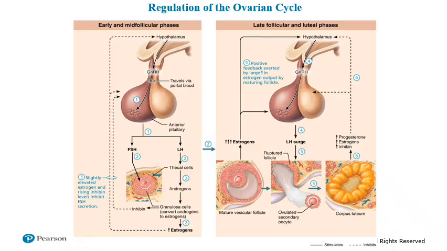accomplishing ovulation. Shortly after ovulation, the estrogen level would decline. The LH transforms this ruptured follicle into corpus luteum, and the corpus luteum starts to produce progesterone.